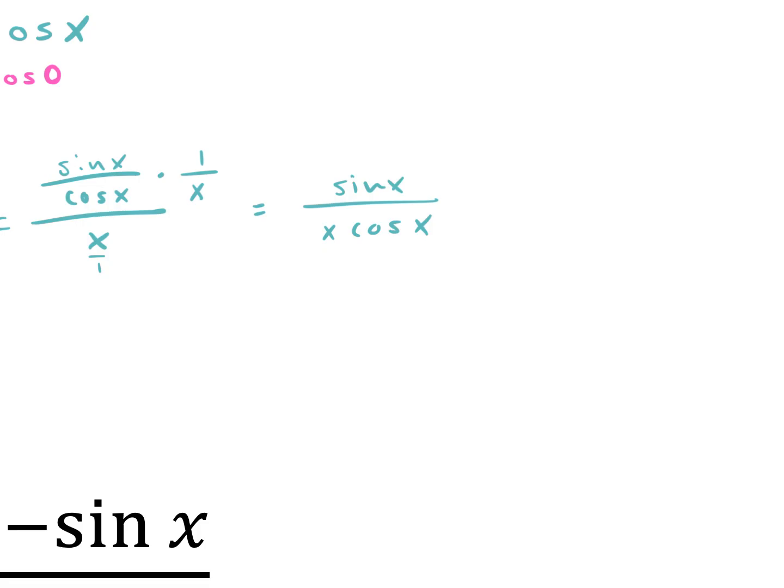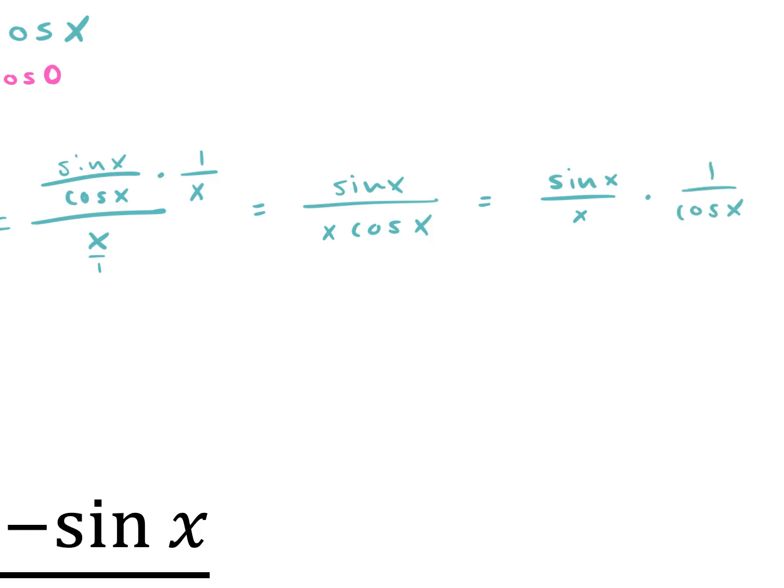We couldn't use substitution because when we plug in 0 into our x, we still get 0 in the denominator. But awesome. We know that sine of x over x equals 1. So I'm going to split this up. I'm going to say sine of x over x times 1 over cosine of x.